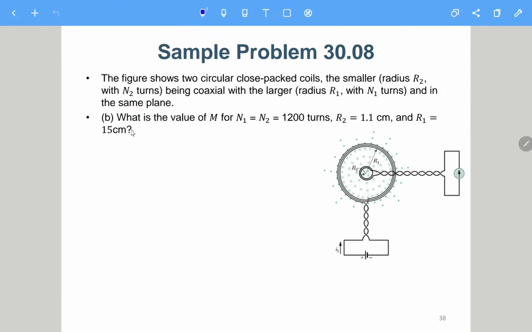Okay, so what is the value for M when n1, n2, r2, r1 are these values? We just need to plug in the numbers into this expression: pi mu 0 n1 n2 r2 squared over 2 r1.